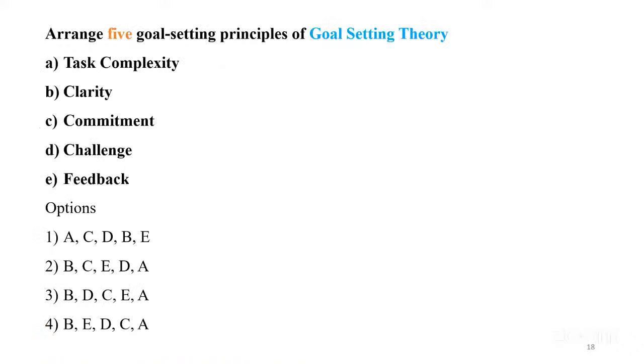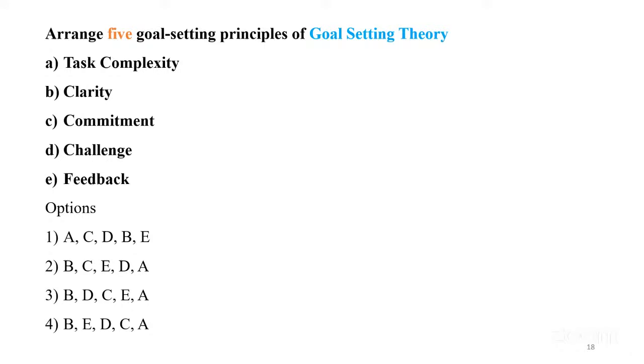Now, the next question is: arrange the 5 principles of goal setting theory. We have studied this in motivational theory. The options are: A, task complexity; B, clarity; C, commitment; D, challenge; E, feedback.